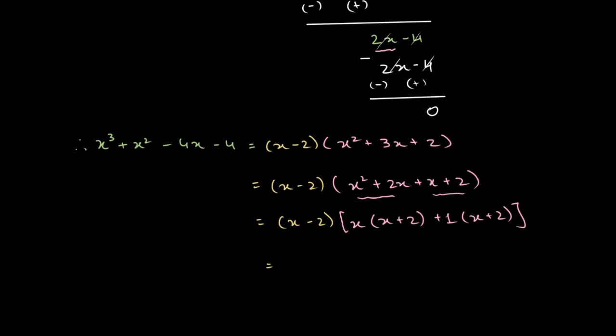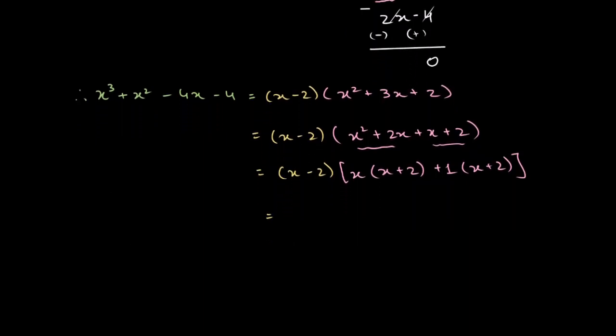We have x minus 2 as one factor, x plus 2 as the second factor, and x plus 1. So the polynomial that was given to us, x cubed plus x squared minus 4x minus 4, on being completely factorized, gives me x minus 2 into x plus 2 into x plus 1. This is our final answer.